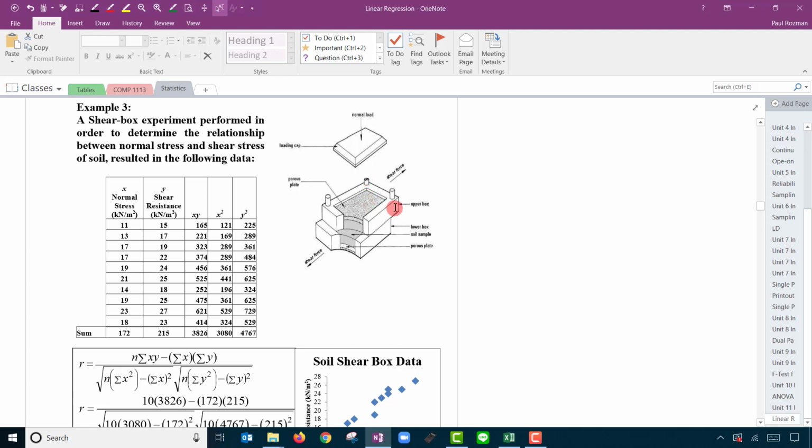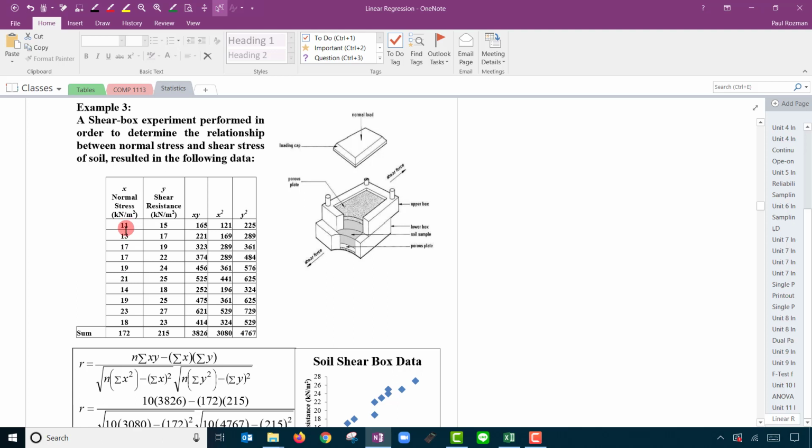And then we try to push the top section of the box apart from the second one to shear it. So depending on the amount of weight on the top, we would expect that it would take more force to shear if we continued to use the same material within the box each time. So that's the experimental data here.